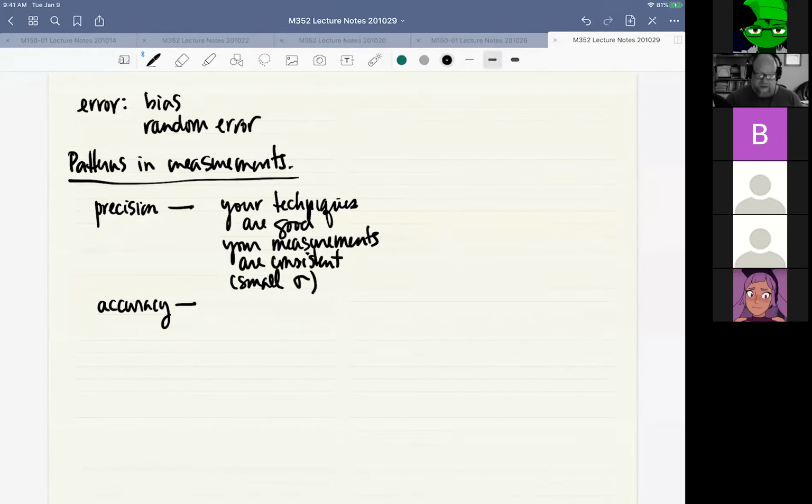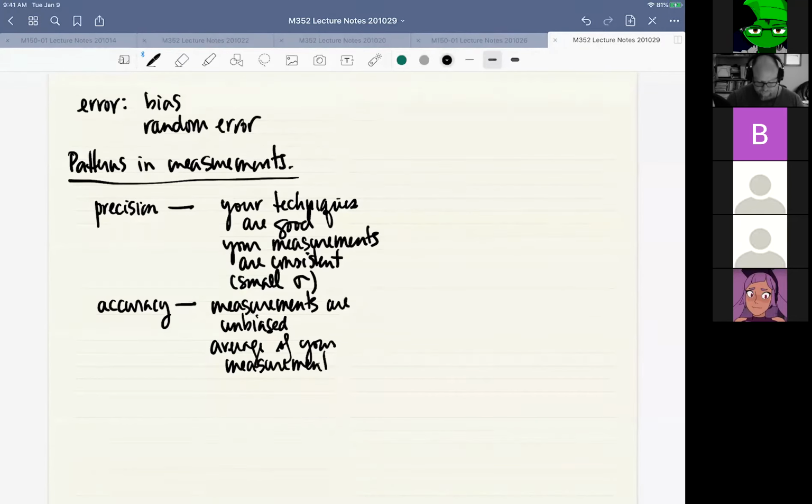In contrast, accuracy means the measurements are unbiased. Okay, so that means that the average of your measurements will be close to the population average. The average of your measurements is going to be close to the real value.